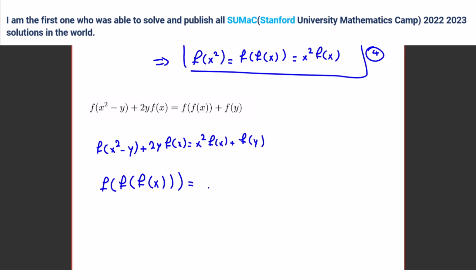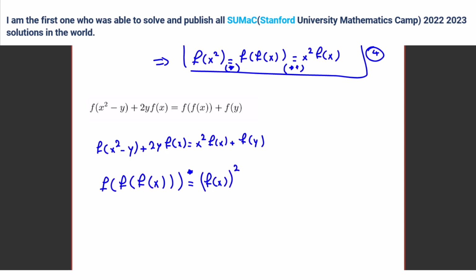Okay, so let's write this one, for example, as a star, and this one as double star. By using a star, you can say it is equal to this one whole squared. So f of x whole squared, right? What else?